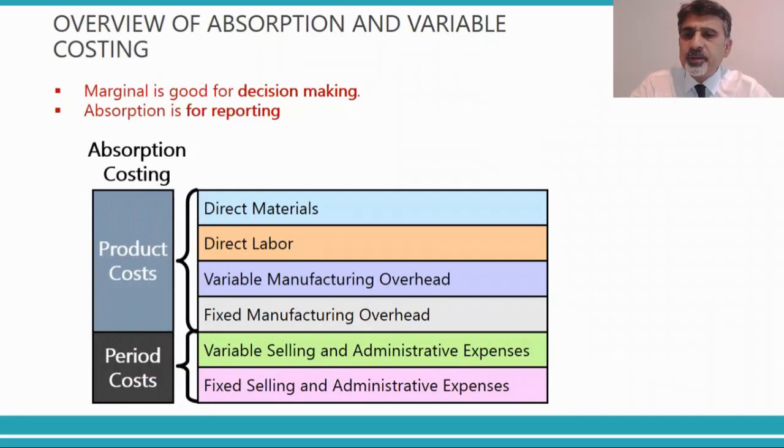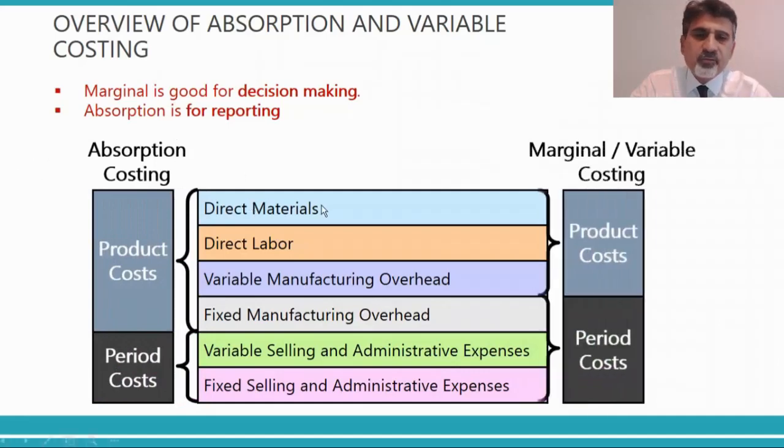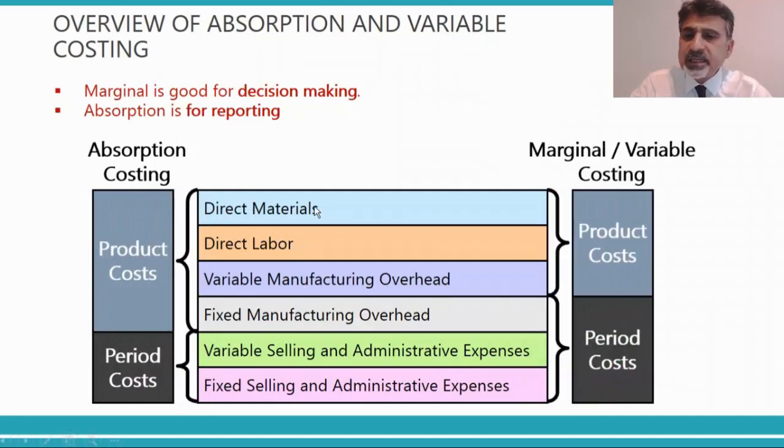If you remember, we have six types of cost. We have direct materials, direct labor, variable manufacturing overheads, fixed manufacturing overheads, then variable selling and administrative expenses, and fixed selling and administrative expenses. Out of these six types of cost, the first four are called production cost: direct material, direct labor, variable manufacturing overhead, and fixed manufacturing overhead.